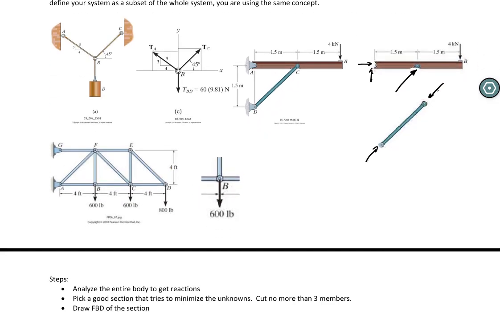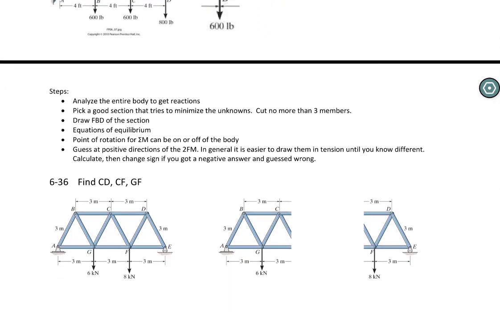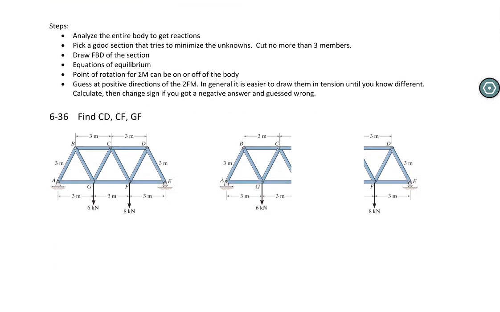All right, so here's our steps. We're going to take the entire body, we're going to analyze the reactions, keep it together, basically treat it as rigid, and then we're going to find a good section that applies to minimize some unknowns. And in trusses we're only going to cut no more than 3 members. We'll draw a free body diagram of the section, and then we're going to use the equations of equilibrium.